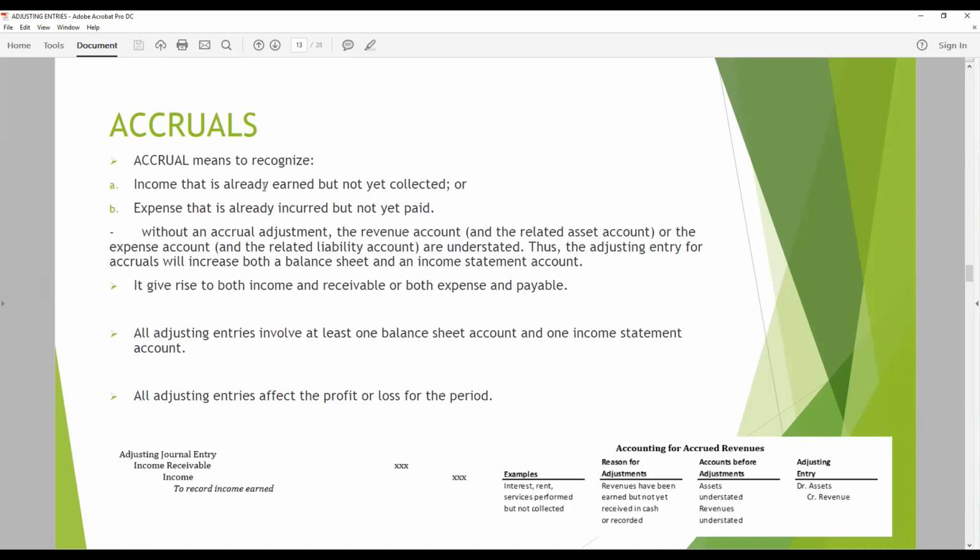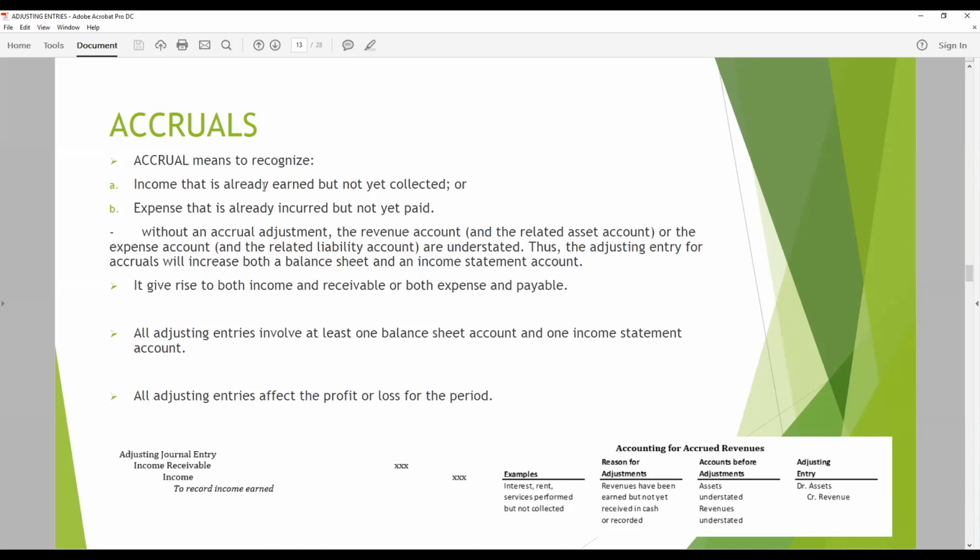So, paano kayo mag-a-adjust under accruals? Di ba ang concept natin, income should be recognized or recorded when it is earned, kahit na cash is not yet collected. So you will debit accounts receivable and you credit revenue already earned. So ganun lang yung accrual.